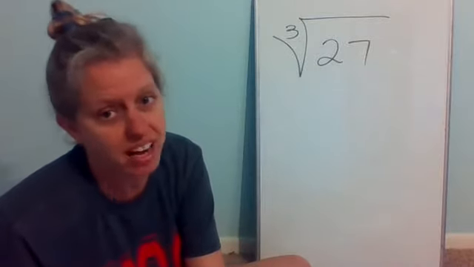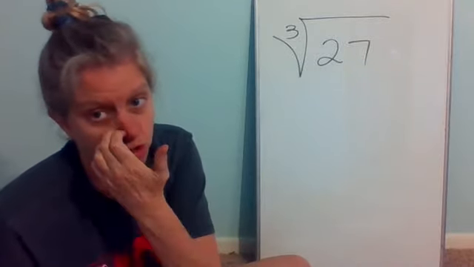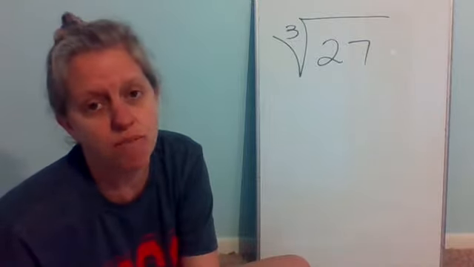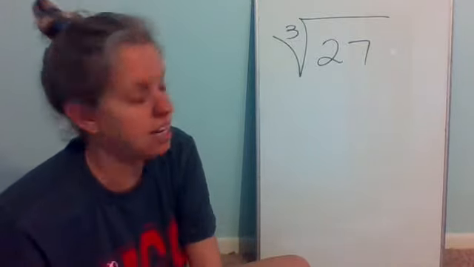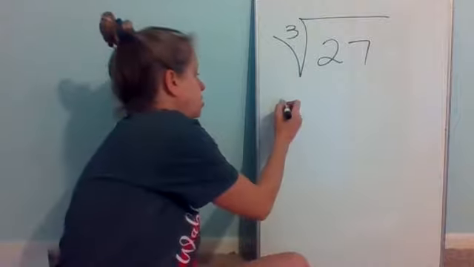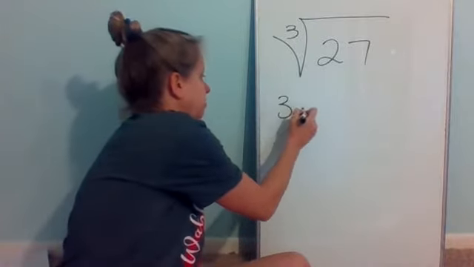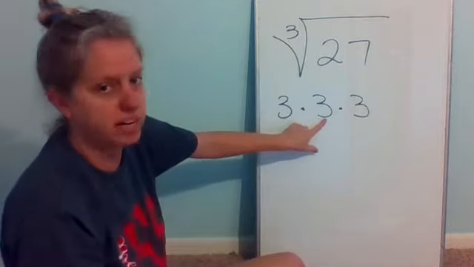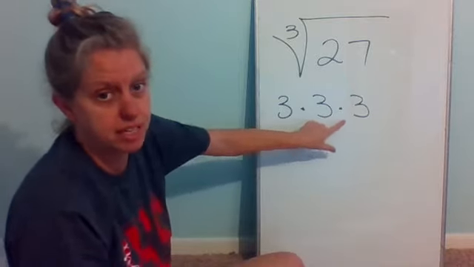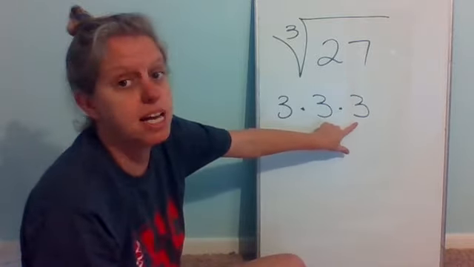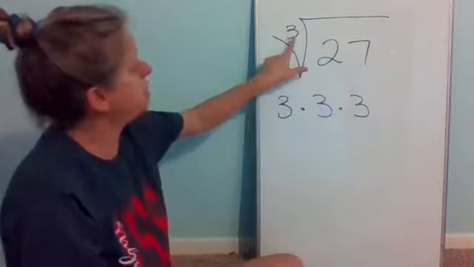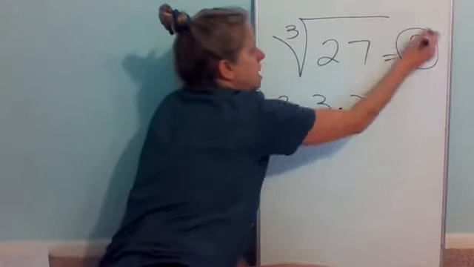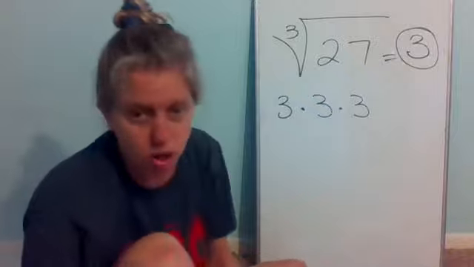It doesn't mean to divide that by 3. That's not going to get you your answer. What number times itself 3 times gives you 27? Let's just check the 3. What's 3 times 3? 9 times 3 again is 27. Which means the number times itself 3 times that gives you 27 is 3.